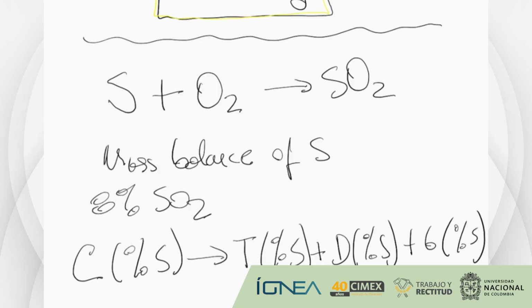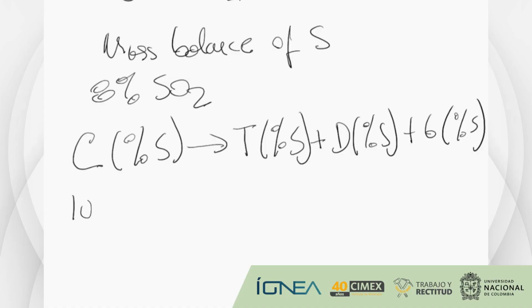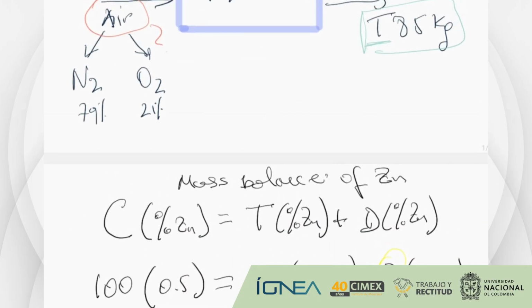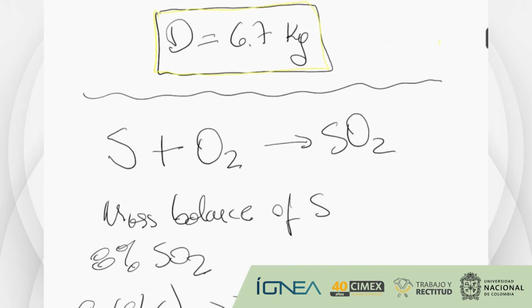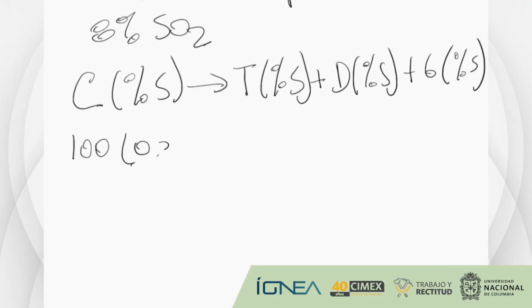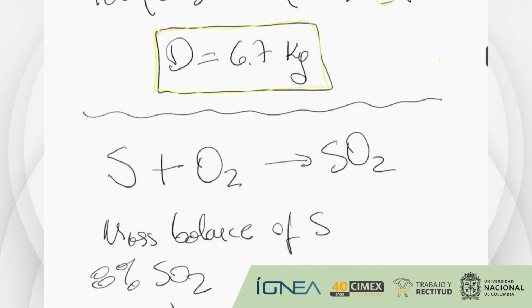Now we have to define this. We know that the 100 kilograms of concentrate has a percentage of sulfur of 32%. The roasted product is 85 kilograms, but the percentage of sulfur is, as you can see here, 2.7%.